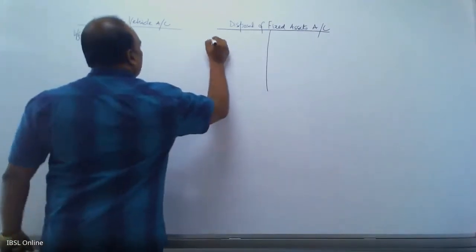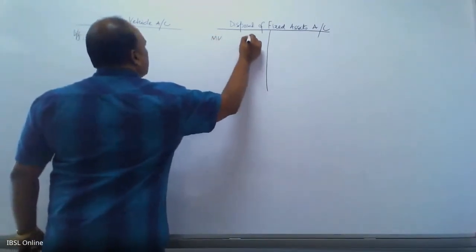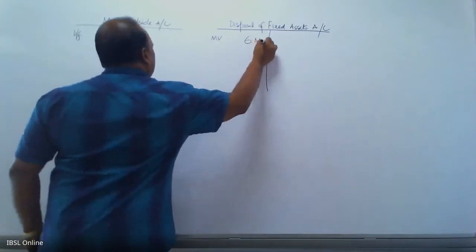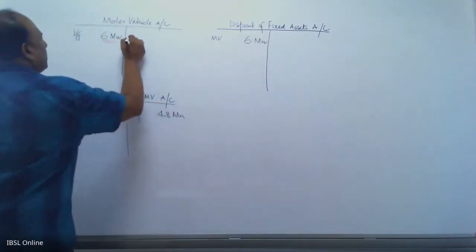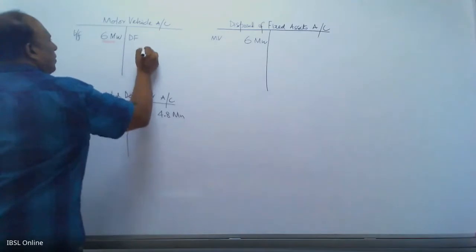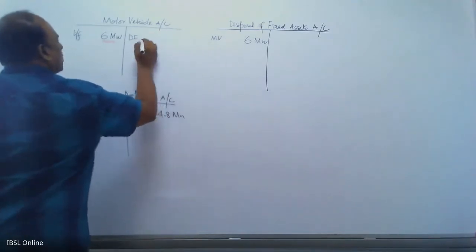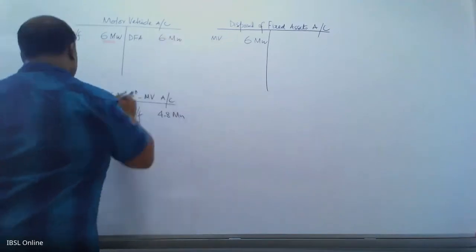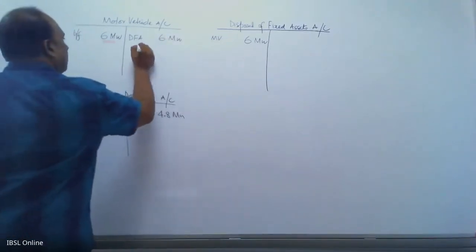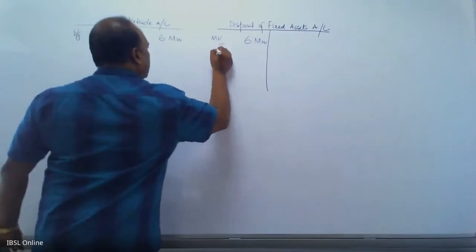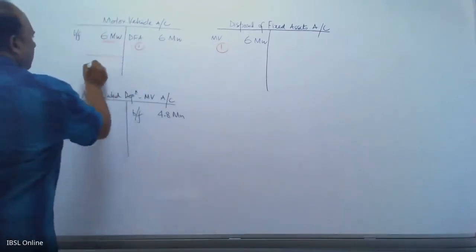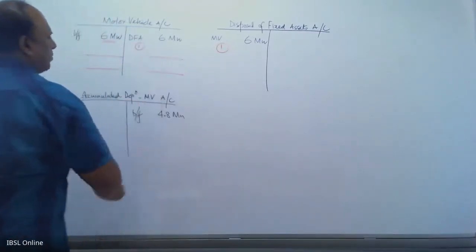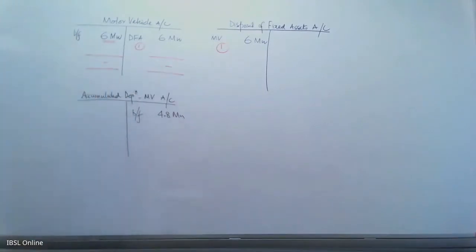So motor vehicle account 6 million credit, and here the disposal of fixed asset account, DFA, 6 million debit. That is transaction 1, which is shown in your presentation slide.